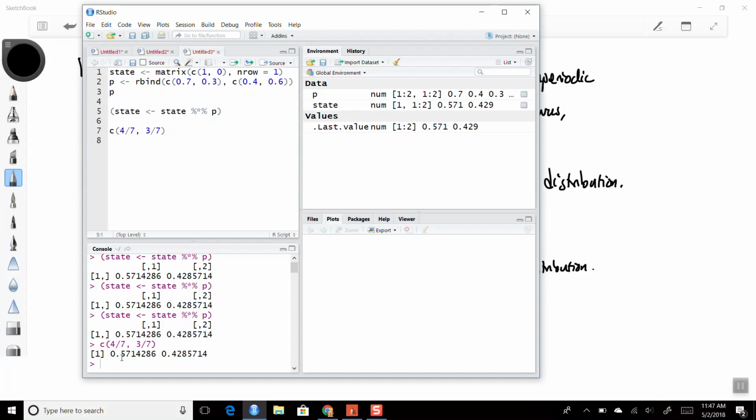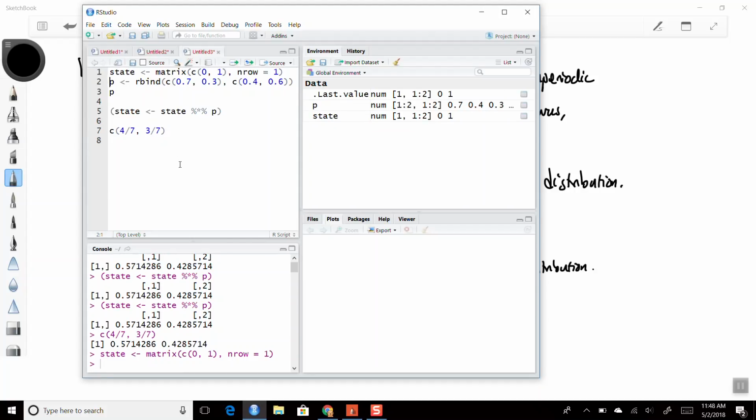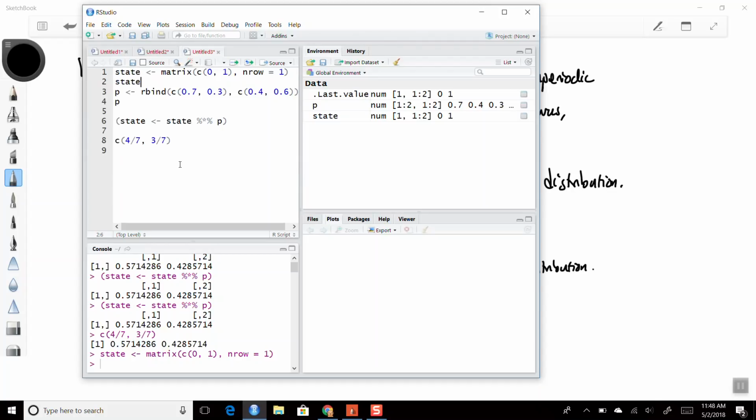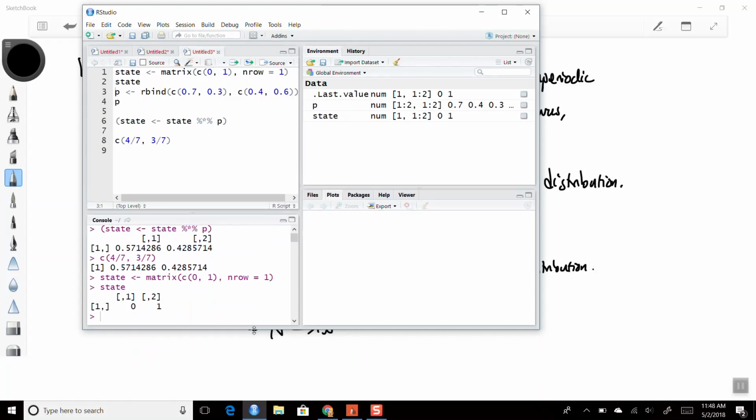So that was where I started with 100% at A and 0% at B. If I start off the other way, with 0% at A and 100% at B, we can also see the results of this.